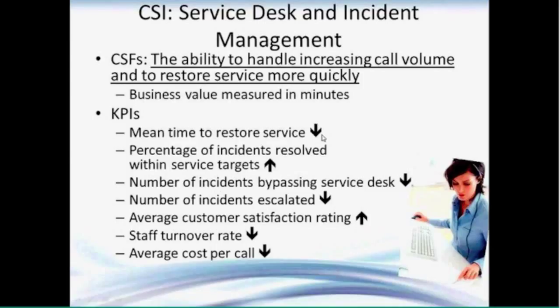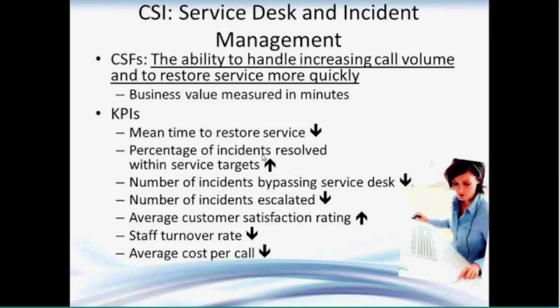You'll notice that each of these KPIs has a directional icon associated with it. Obviously, for mean time to restore service, we would want to see that decreasing. There are some times when we may change the direction. For example, we obviously want the number of incidents bypassing the service desk to be reduced, but sometimes for the number of incidents logged by the service desk, we may want to see an increase.